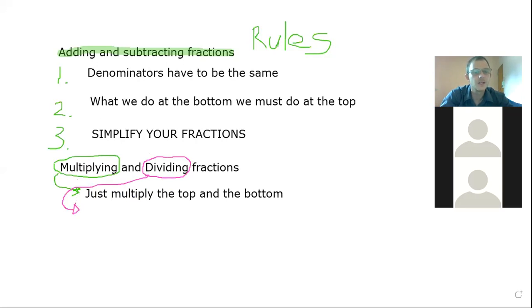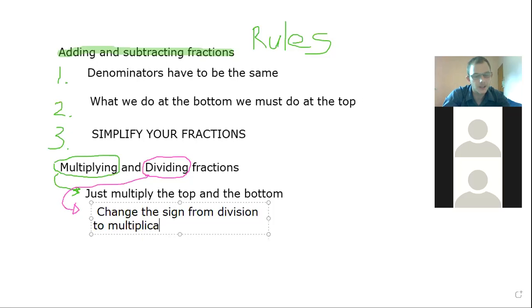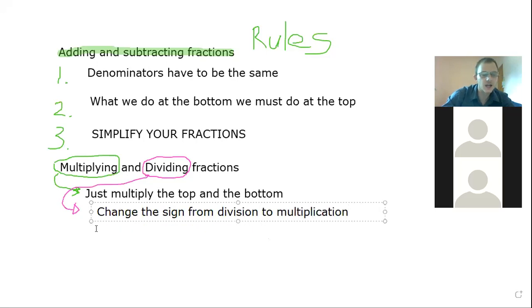The first rule is to change the sign from division to multiplication. Now that's quite simple. We just change the sign.